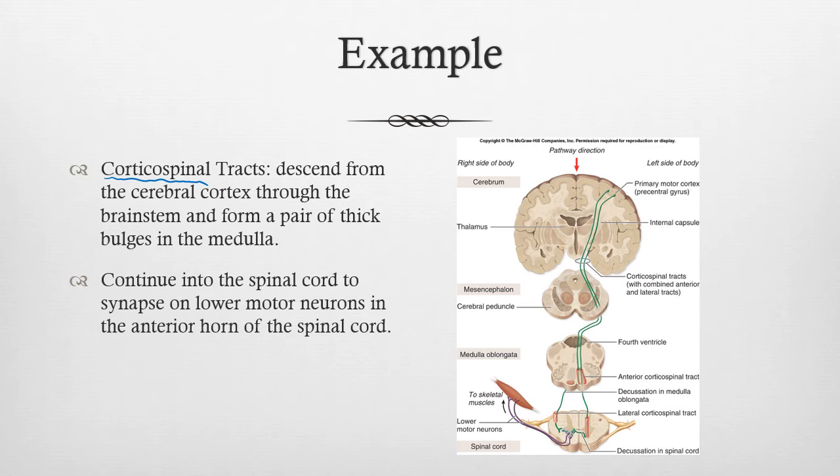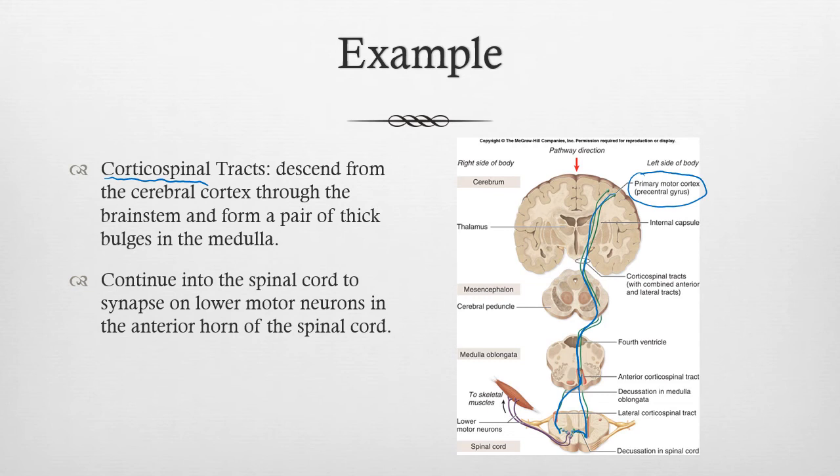So it starts over here in the primary motor cortex, and then that upper motor neuron is going to send its signal down through the brainstem, and then that information is either going to cross over in the brainstem through the pyramids, or that information is going to continue on down and cross over at the cord level itself, and then send that information out.